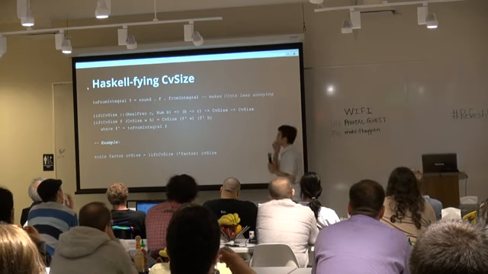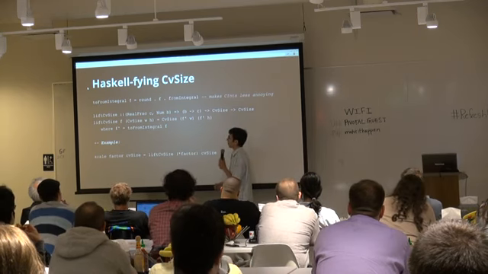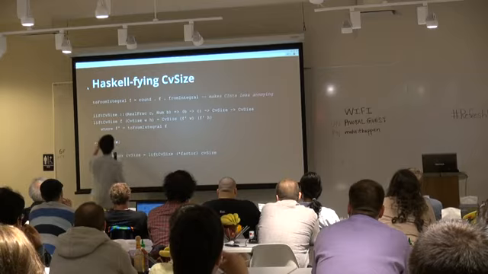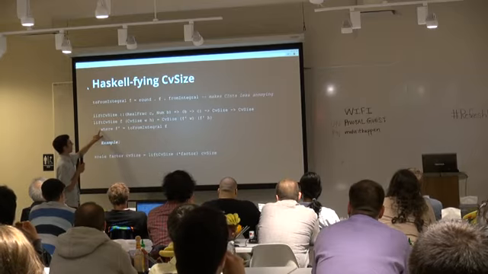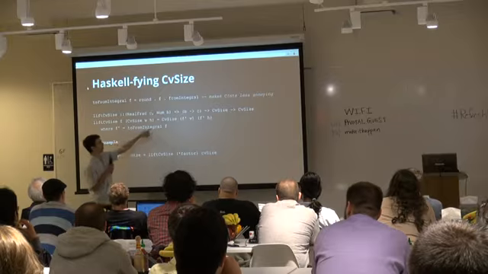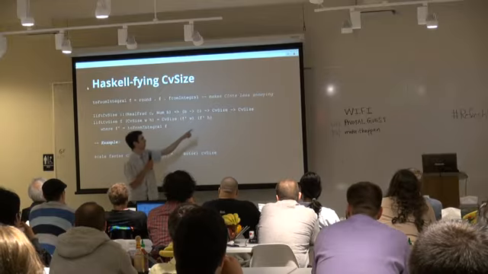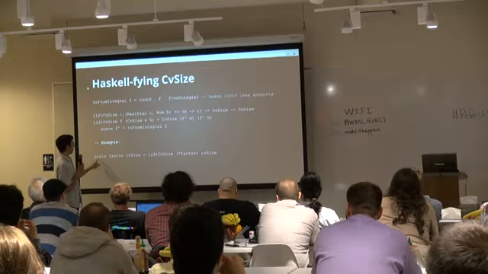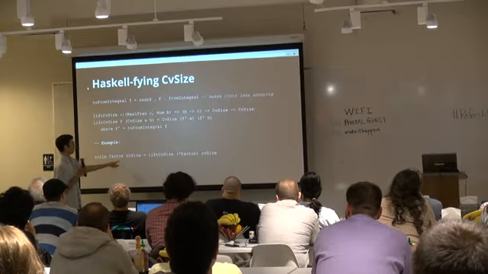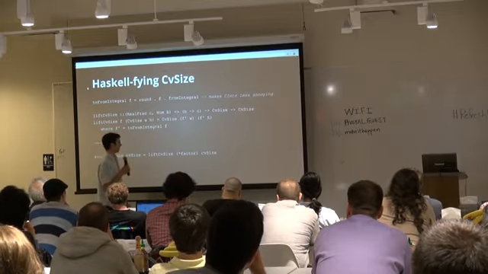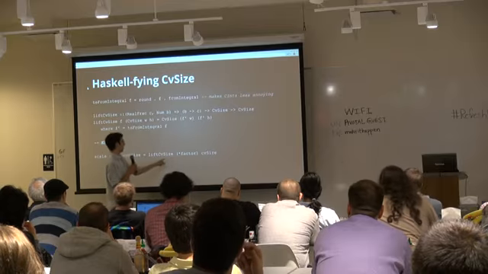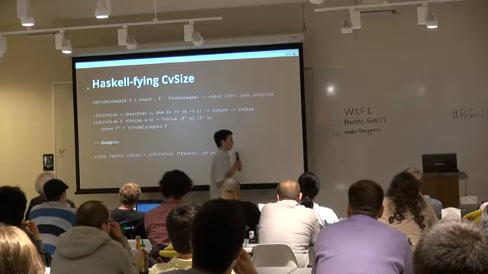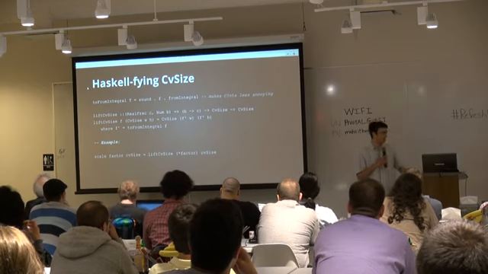So in this case, the basic thing that we can do to make our CV size nicer is write a lift function that takes an f, any pure function, and applies it on both the width and the height of CV size. And then we can really easily write a scale function which takes a factor and the CV size and just runs your times factor function on the CV size. So that's another example of improving the low-level bindings.